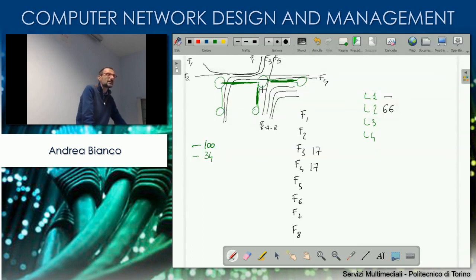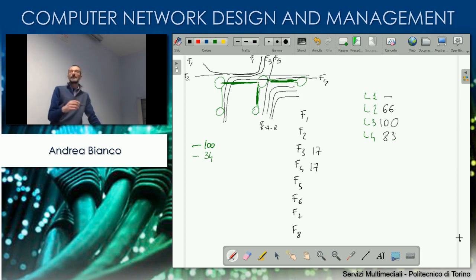Residual means after having assigned 17 to 3 and 4. Is still 100, okay. And link 4? Which is 83? 83. Okay, these are the residual bandwidth on the three links which are not already saturated. Now, how many flows we have on link 2?